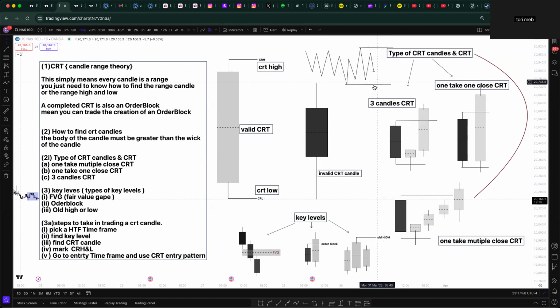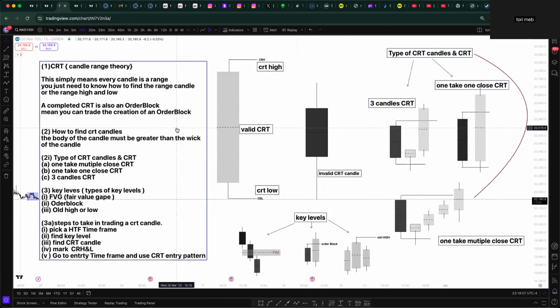So range low, range high. If you check it, this whole range could be a candle on a higher time frame. So that's what I mean by every candle is a range. Every single candle is a range on a lower time frame.